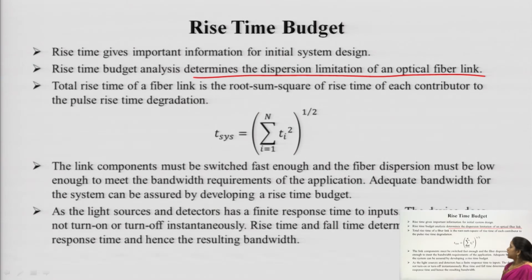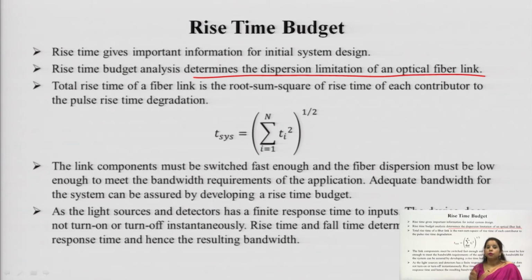The total rise time of a fiber link is the root sum square of the rise time of each contributor to the pulse rise time degradation. In this statement, what is going to be told to you is that when we talk about link power budget analysis, previously we studied about power. That is why in every term the power comes, that is 5 dBm, 25 dBm in terms of power, and dBm is the unit of power.